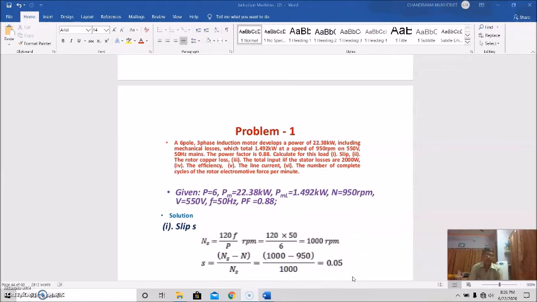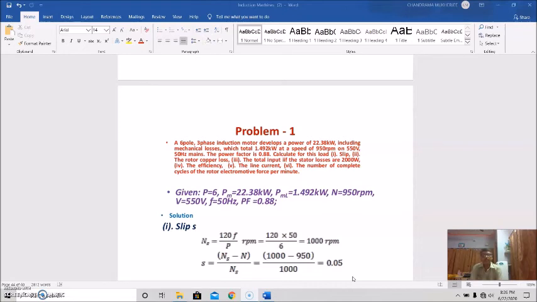The power factor is 0.88. Calculate for this load the slip, the rotor copper loss, the total input if the stator losses are 2000 watt, the efficiency, the line current, and the number of complete cycles of the rotor electromotive force per minute.